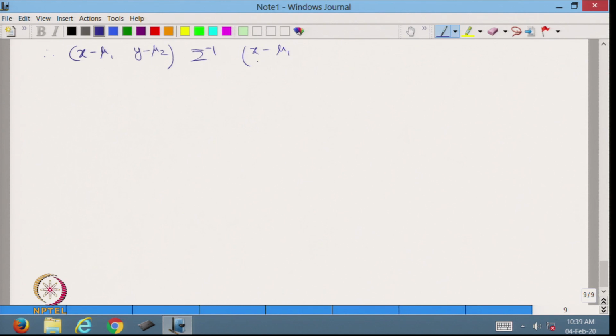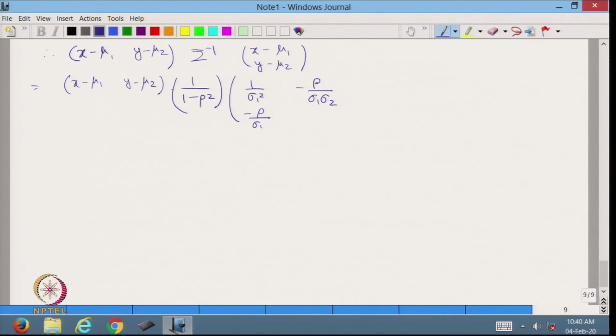So, therefore, x minus mu 1, y minus mu 2, sigma inverse, x minus mu 1, y minus mu 2, is equal to x minus mu 1, y minus mu 2 into 1 upon 1 minus rho square into the matrix 1 upon sigma 1 square, minus rho upon sigma 1 sigma 2, minus rho upon sigma 1 sigma 2, 1 upon sigma 2 square, into x minus mu 1, y minus mu 2.